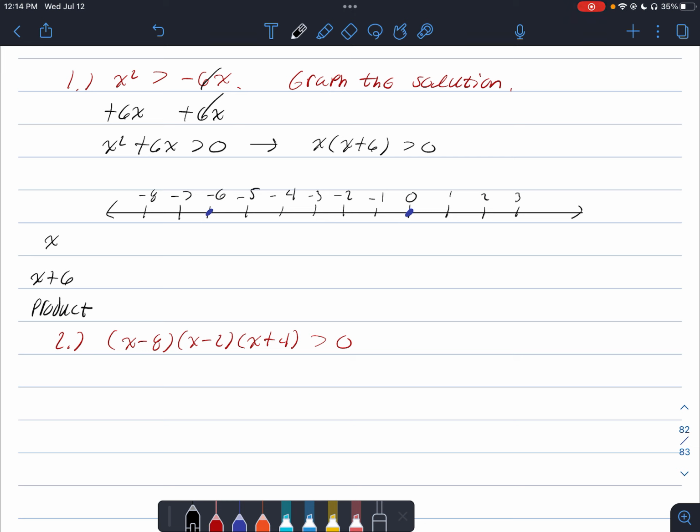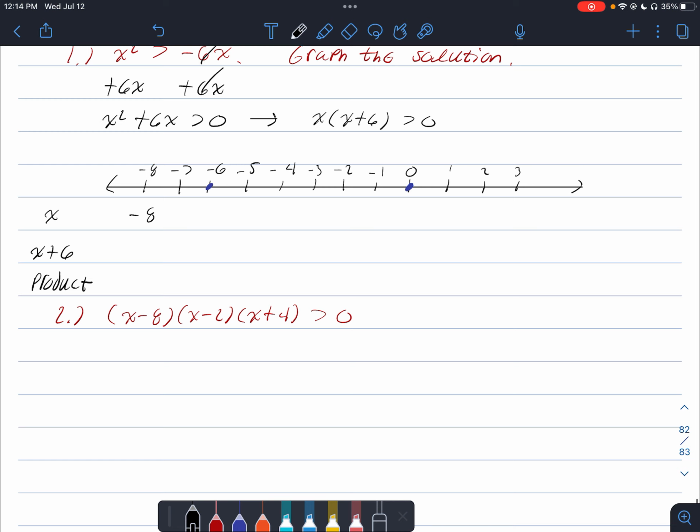Let's test -8 here and see what happens. If we plug -8 in for x, we get -8. If we take -8 plus 6, we get -2. So -8 times -2 is a positive 16.